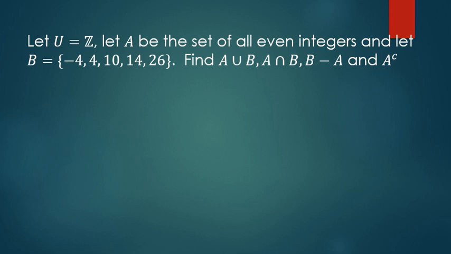Now, before we actually go through finding these things, look at set A, look at what it's defined to be, and look at set B and the elements in set B. Notice that every element that's in B is an even whole number.